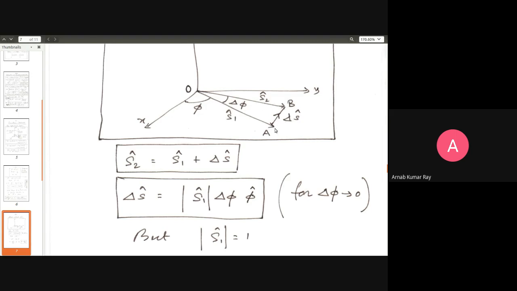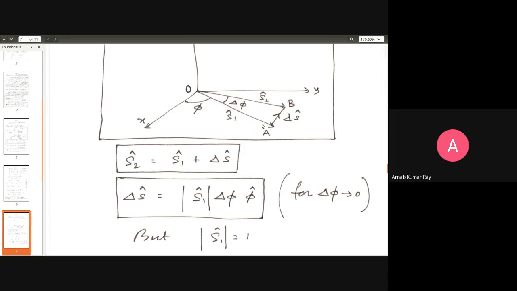So S1 cap plus delta S cap gives you S2 cap, by the law of addition of vectors: OA plus AB gives you OB. So S2 unit vector is equal to S1 unit vector plus delta S cap.